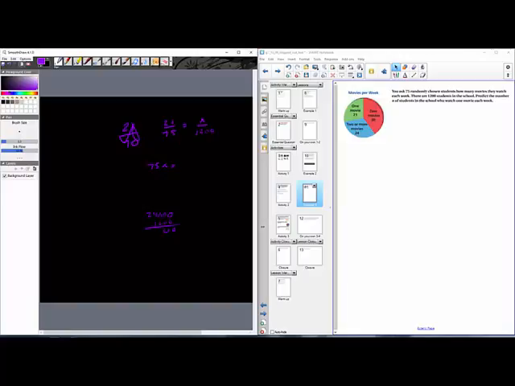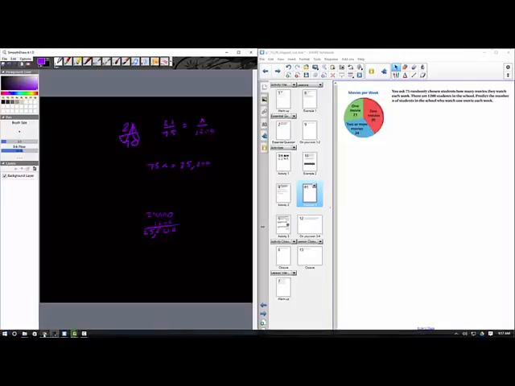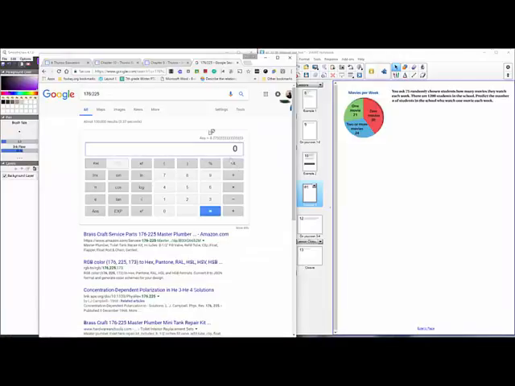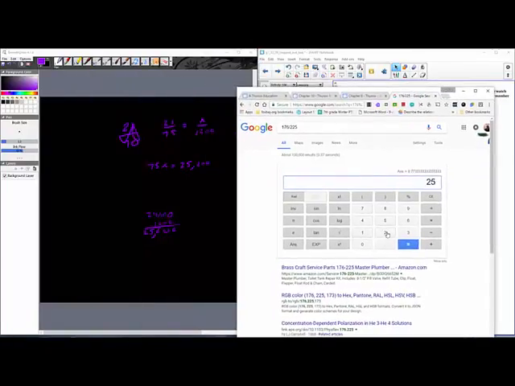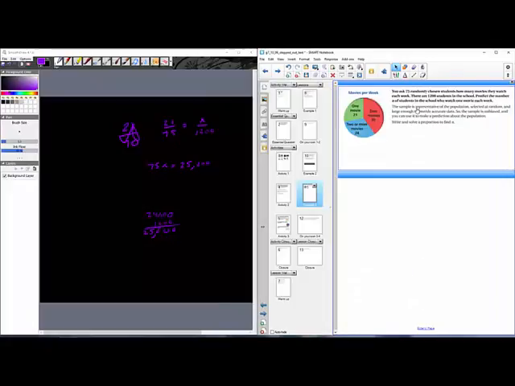So I have 25,200. Let's figure this out because I don't know that offhand. If I take 25,200 divided by 75, I get about 336 kids. And that's what they get here too.